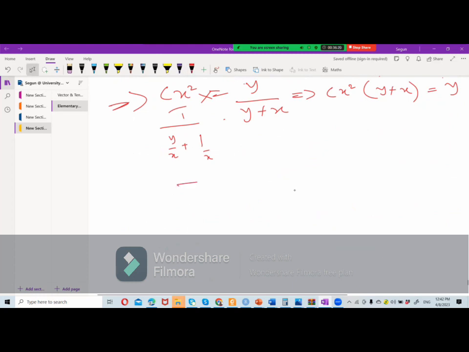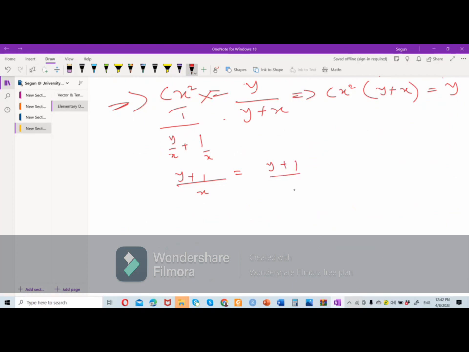At the end of the day, y plus 1 equals y plus 1 over x all over y over x. So by the time you rationalize everything, you will still have what we need in this manner. So by the time you solve it, you can resolve everything in that particular manner, please.